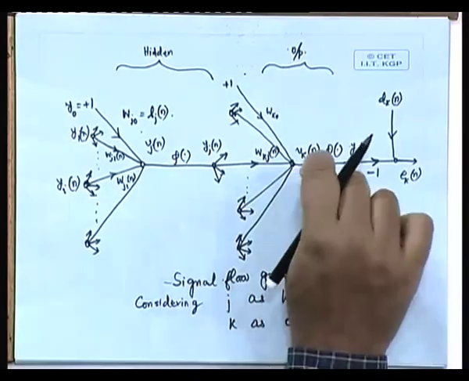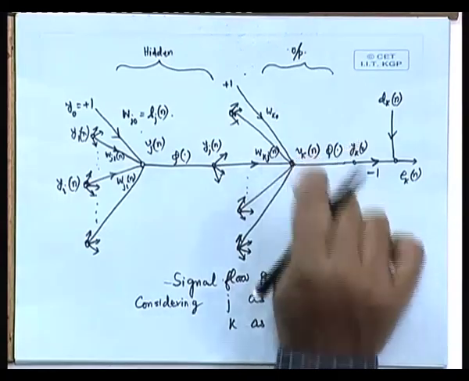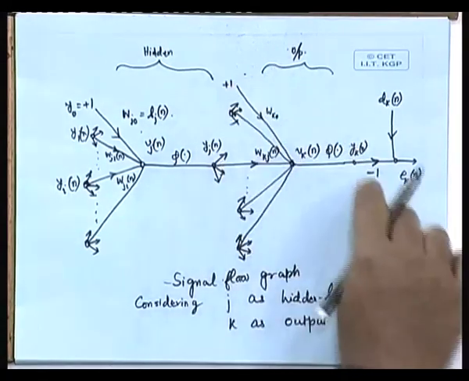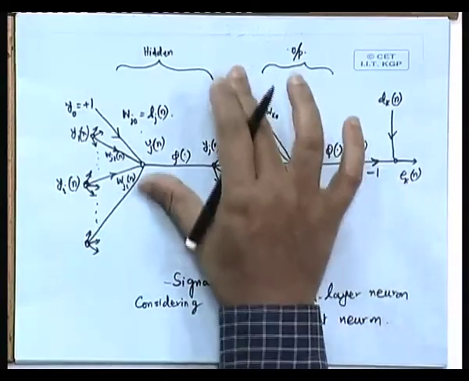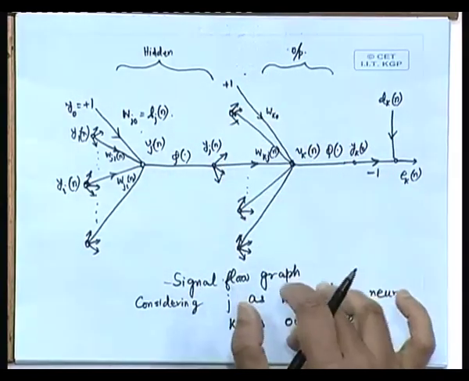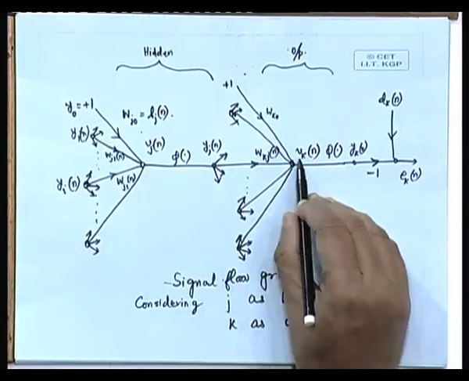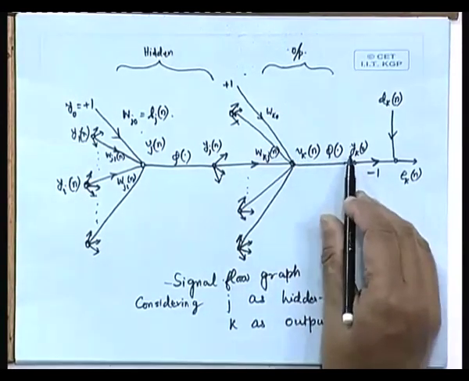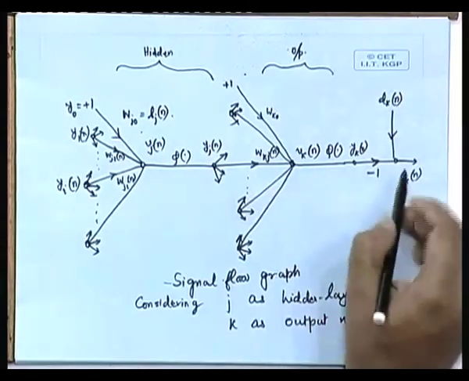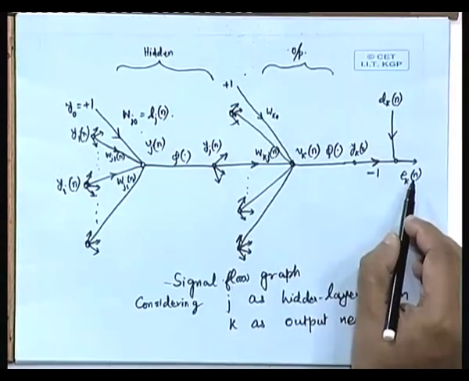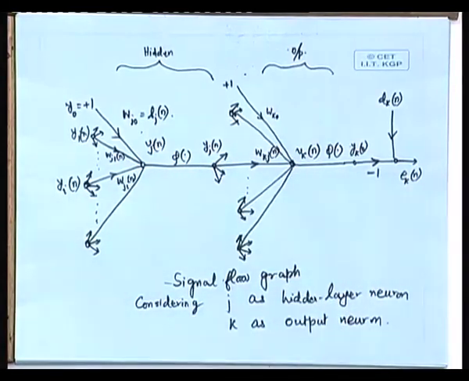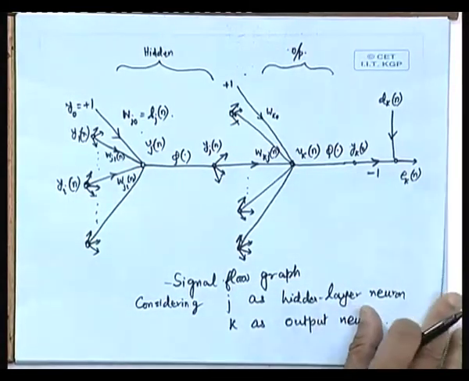We take a typical kth output layer neuron and connect it to all the hidden layer neurons, then operate this Vk with the phi function, get Yk, and we can compute Ek of n. So this is the complete signal flow graph.